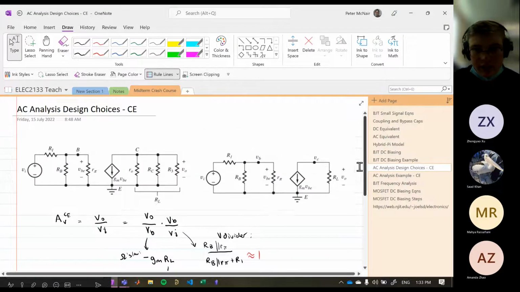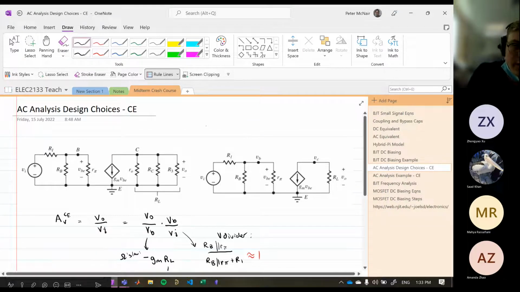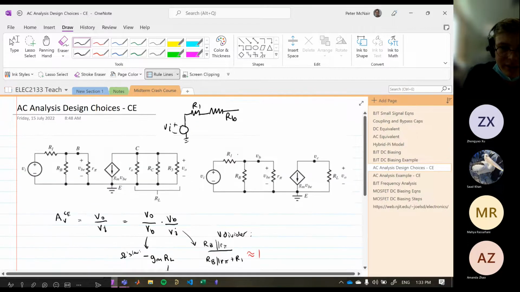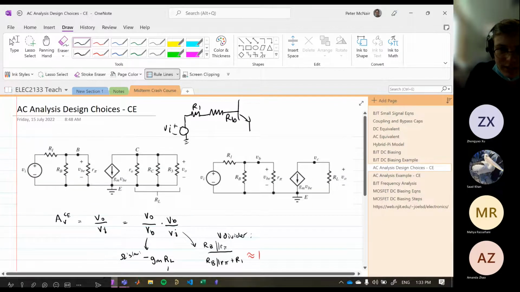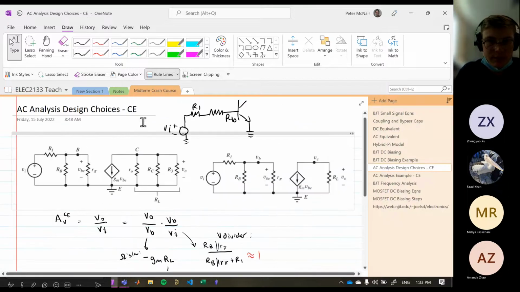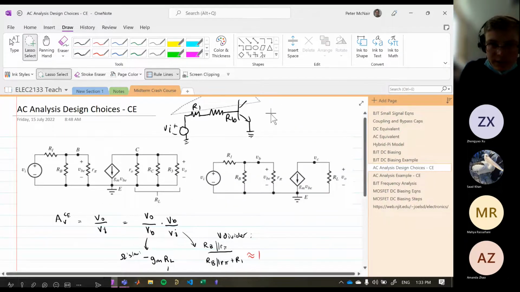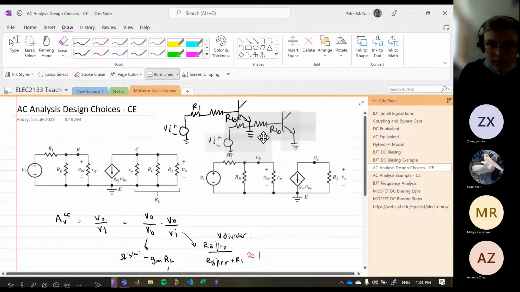So let's have a look at our common emitter circuit. I'll just quickly draw that back up in case you've forgotten. So we've got R1, this is our VI going in, and then we're going to have RB. I've actually forgotten how this was set up. I'll just wing it, I guess. Let's say that we're just grounded at the emitter.